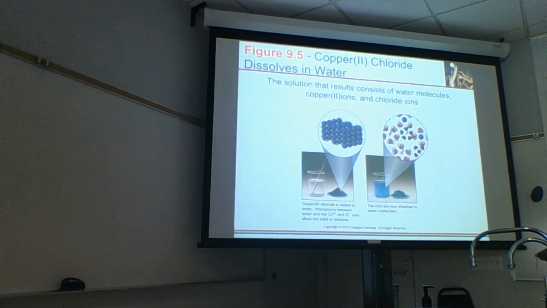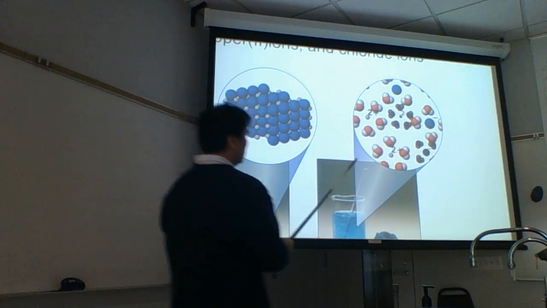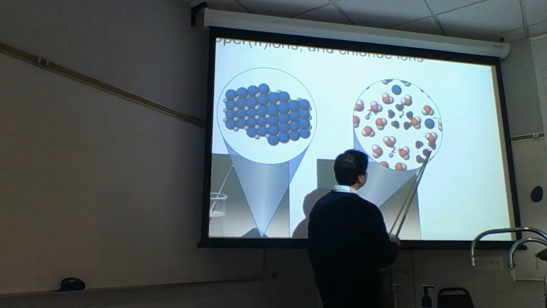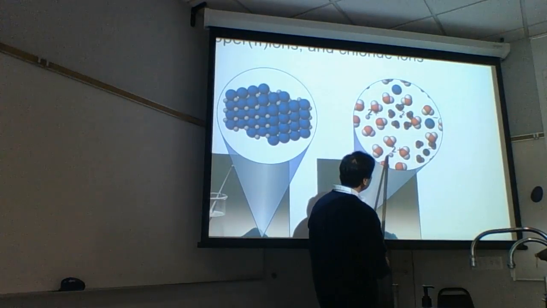So this is best represented by, for every copper 2 ion, we have 2 chlorides. We have to maintain that ratio because that's the ratio of the formula. Interestingly, take a look.